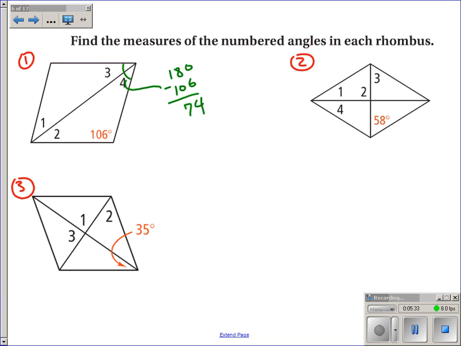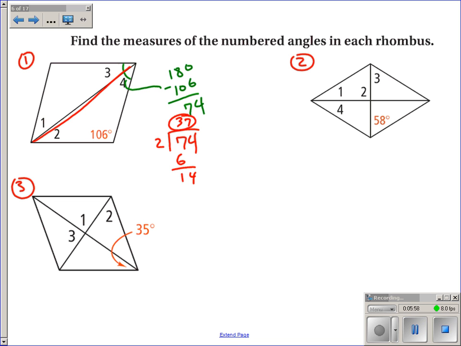Now, I just learned that the diagonals will bisect the angles. So that big angle is being cut in half by the diagonal, and angles 3 and 4 are equal to half of 74. And I get 37.